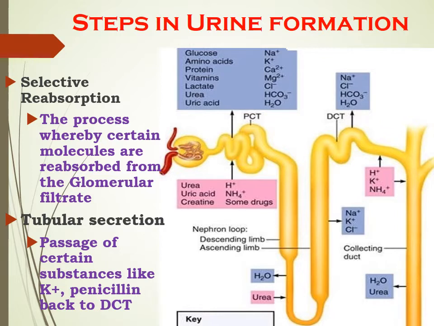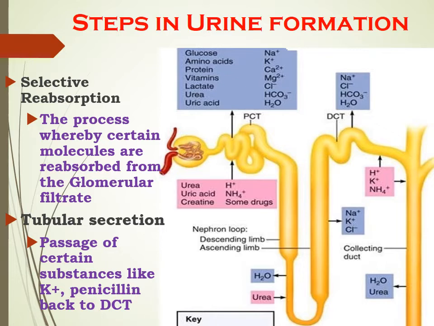Now the collecting duct is shown on the extreme right hand side of your screen, where again there is one important check. If there is excess water or a certain amount of urea present, it will be checked again and then this filtrate can be called urine.